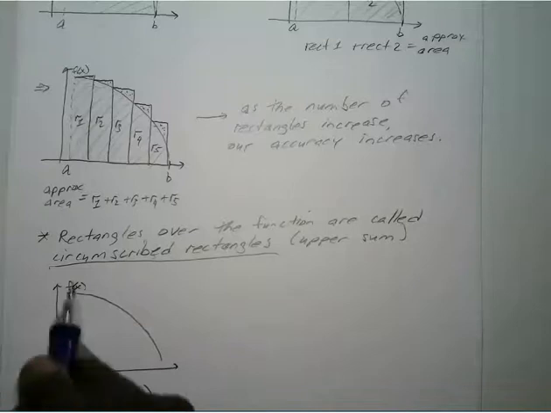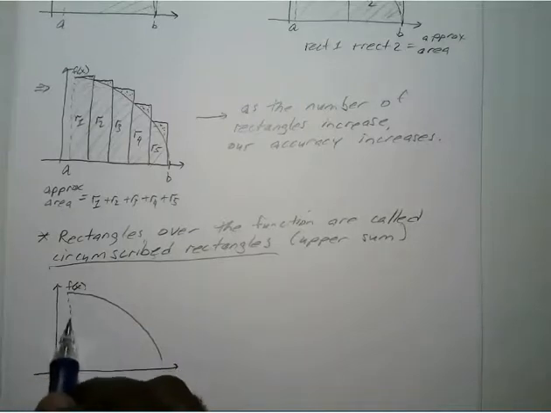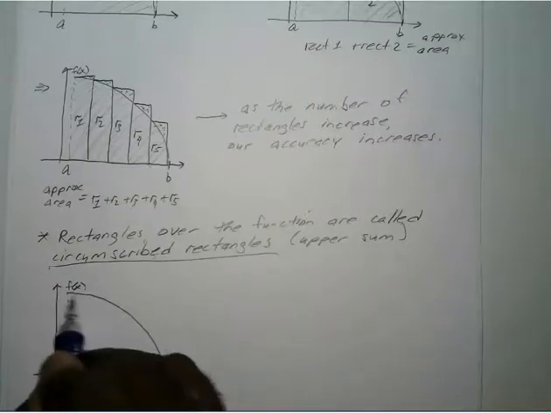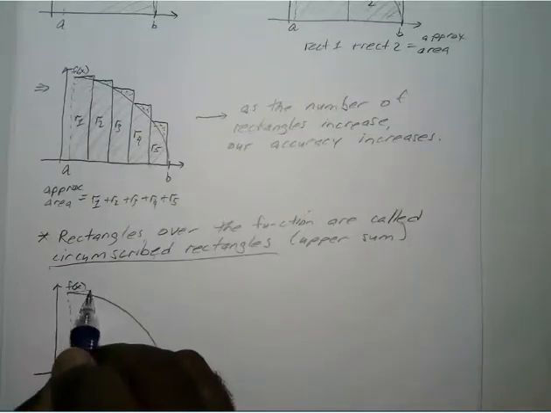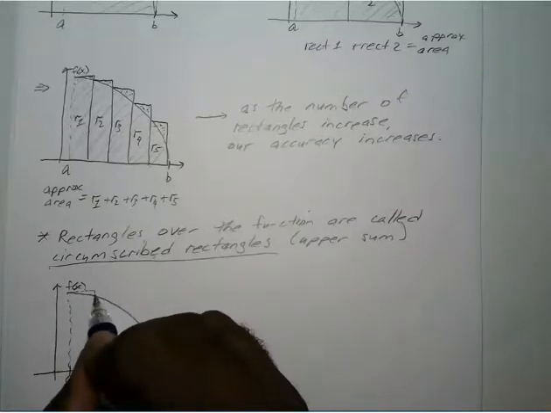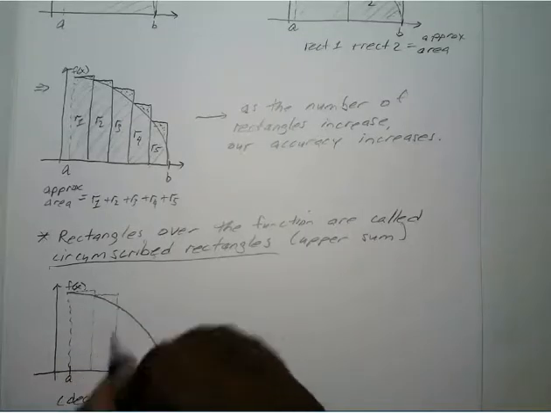Okay, and that is between our x equals a and x equals b. Our rectangles all have one thing in common.